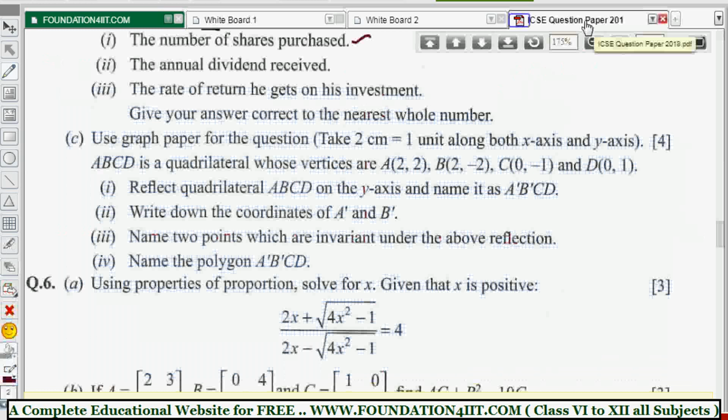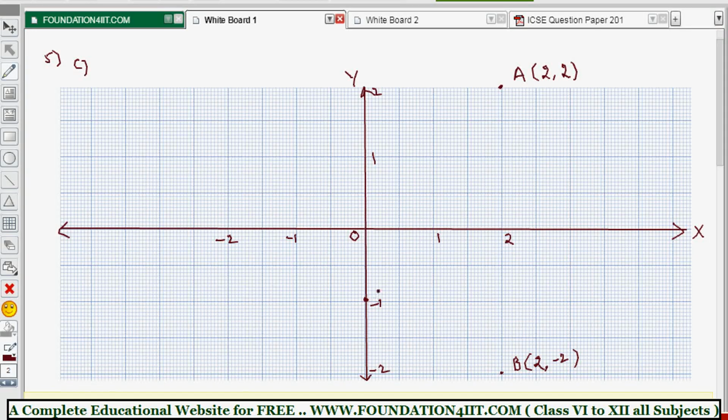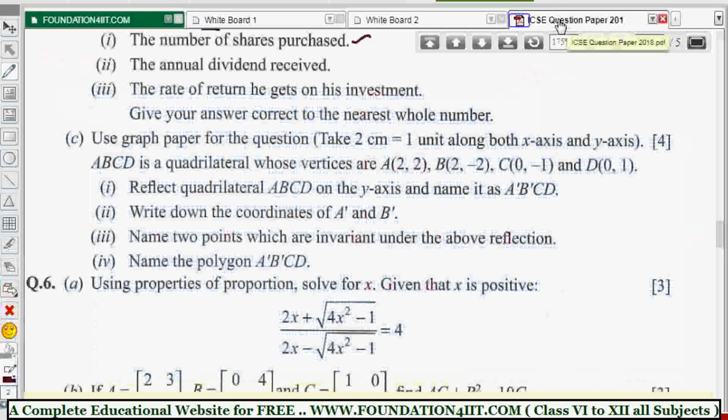C is 0 comma minus 1. This is C, 0 comma minus 1, and D is 1 comma 0. So this is D, where x value is 1 and y value is 0. Here for C, x is 0, y is minus 1. Okay, so this is the given data.